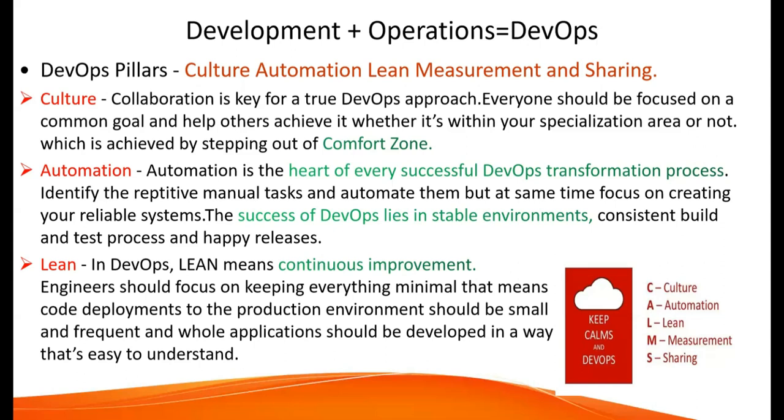By this I mean automate, but make sure that by automating you do not break any system. Your systems should be reliable, highly available, and resilient. That's the focus of automation.